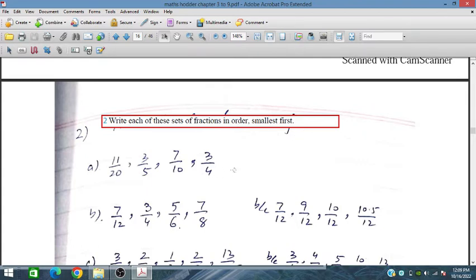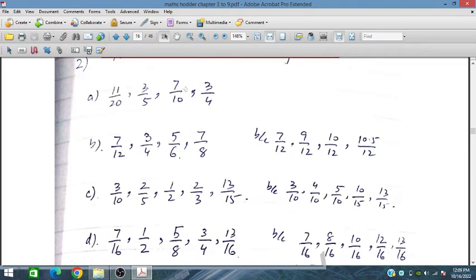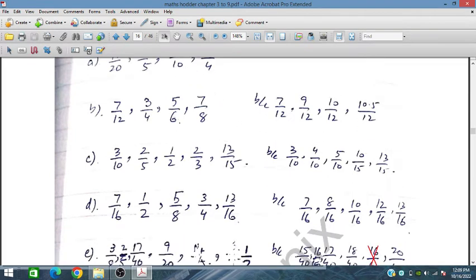So these are the numbers. We can equate them to the same denominator, and then we can place them in order. These are already in order. Students should learn these things very comfortably and easily by putting them in order.